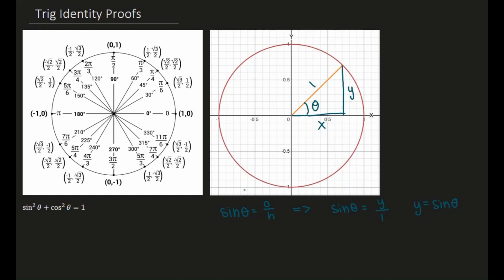I can do the same thing to find the x value. Instead of sine, I'm going to use cosine of an angle, which gives me the adjacent side over the hypotenuse. That translates to the cosine being the x value over 1. So x is equal to the cosine of that angle.